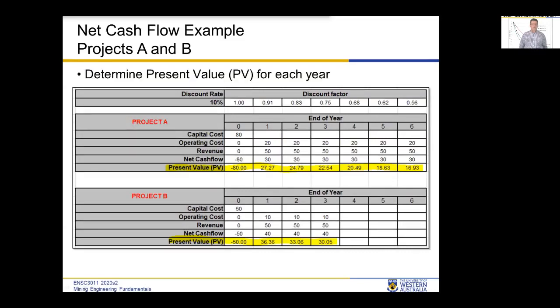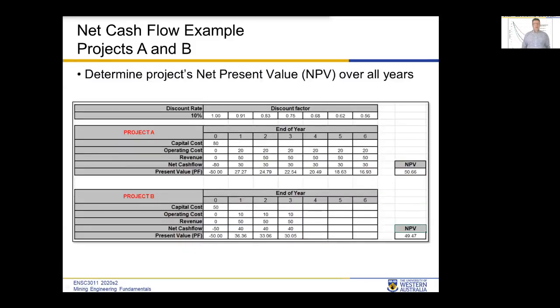So we take the 30 and multiply it by our discount 0.91, 30 by 0.83, and so on. And we also include the 80 at 1. Easy to forget that. So this is our present value for each year. And then we simply add those up over the project life.